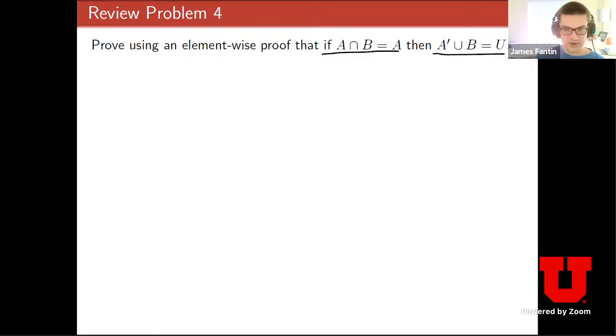So how do we start this problem? We're asked to prove this. What's the first step? We've got an if-then proof. So the first step is we assume our hypothesis.